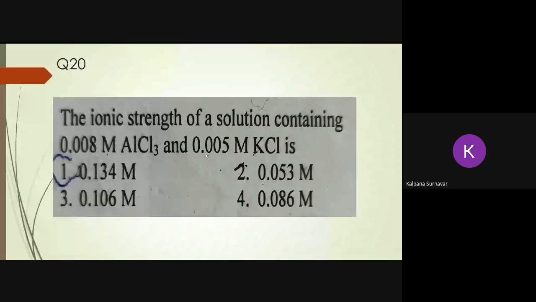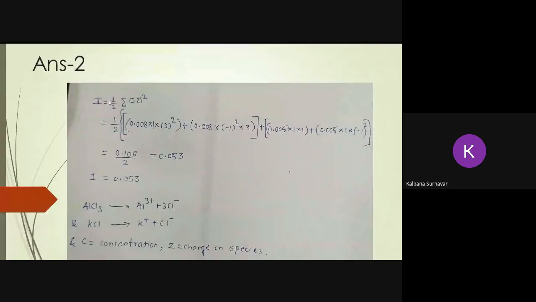Here I have written the equation of ionic strength, I is equal to half into summation of Ci Zi square. C means concentration, Z means charge. And for our species AlCl3 and KCl, we have to find out initially how these species dissociate.